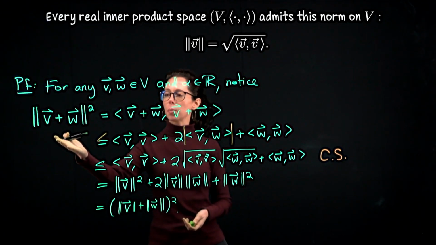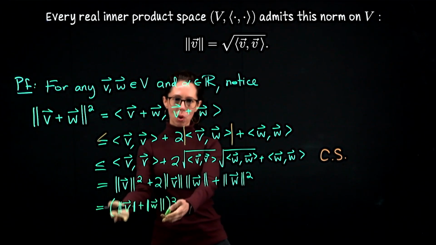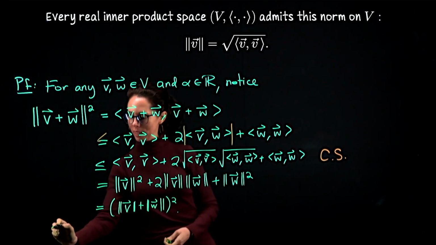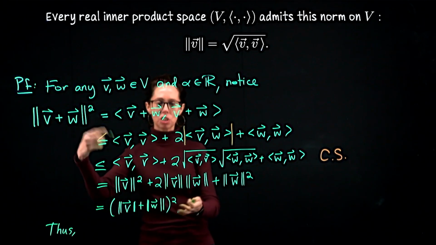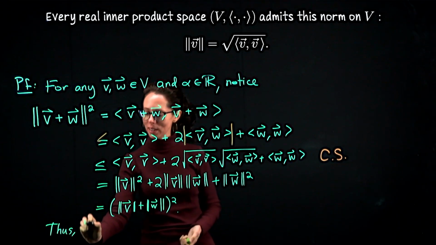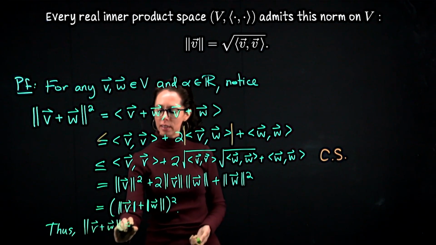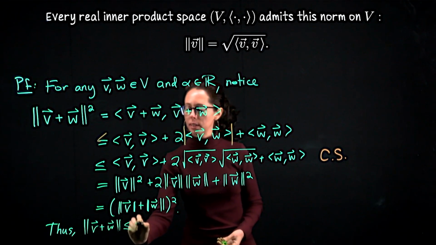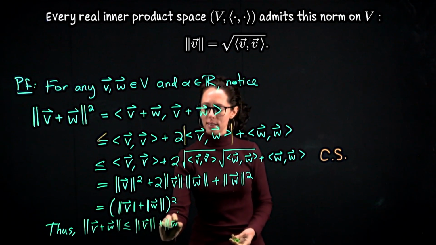So the norm of v plus w squared is less than or equal to the square of the norm of v plus the norm of w. So I think I can fit it in here if I write thus. Just take the square root of both sides and we are done. So the norm of v plus w is overall less than or equal to the norm of v plus the norm of w, as desired.